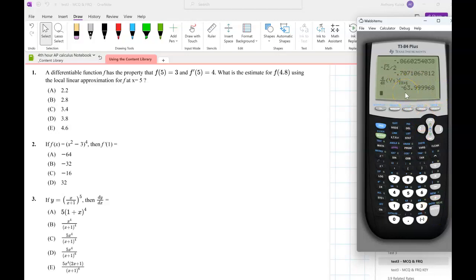And negative 64, right? On any multiple choice problem where we're asking you for the derivative at a specific value of x, that can be done in your calculator.